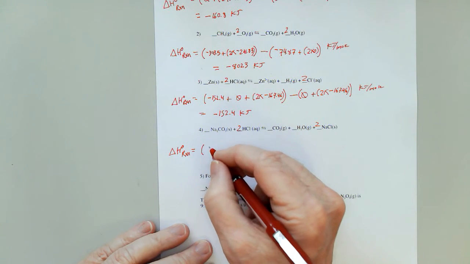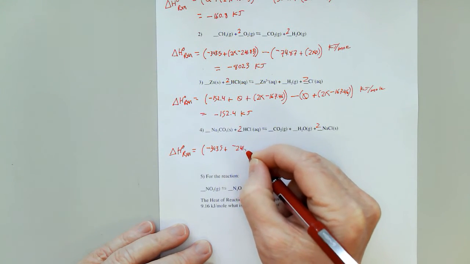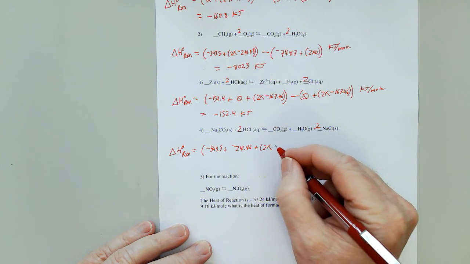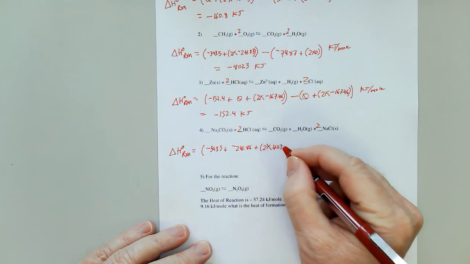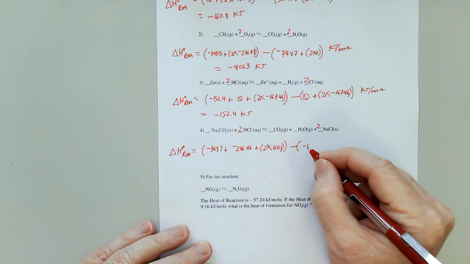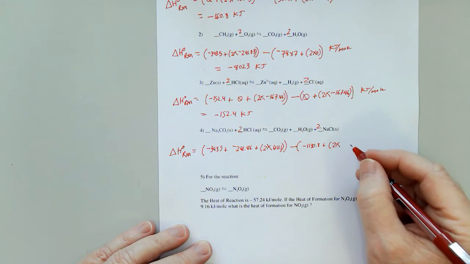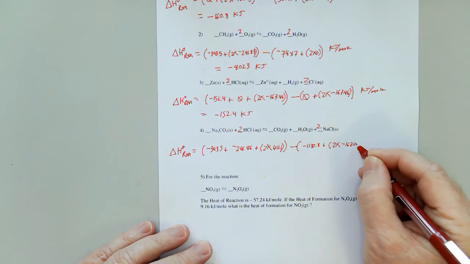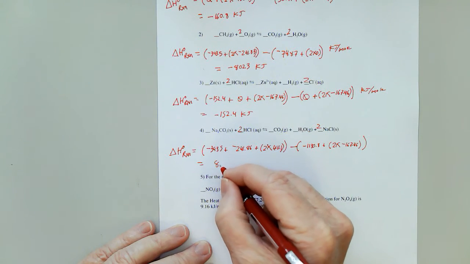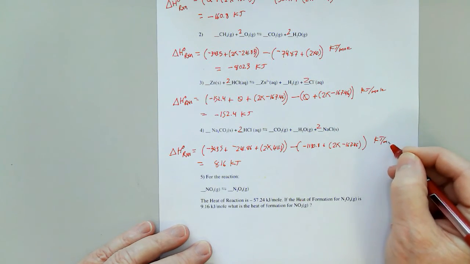So what I'm going to end up with here is negative 393.5 plus negative 241.86 plus 2 times 411.1 minus negative 1130.8 plus 2 times the negative 167.46, and this whole thing equals 8.16 kilojoules. These were all kilojoules per mole.